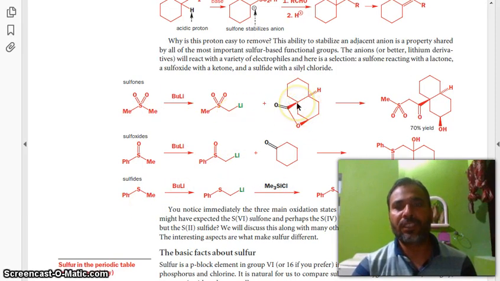Now it reacts with this compound, and you see it attacks the carbonyl carbon, and meanwhile this bond will break, forming 70% yield. Nice yield. Now this attacks on this and forms this compound. Trimethylsilyl chloride attacks on this and forms this compound. So now you understand methyl. First with the base they remove the proton, and then this compound will attack on the carbonyl.